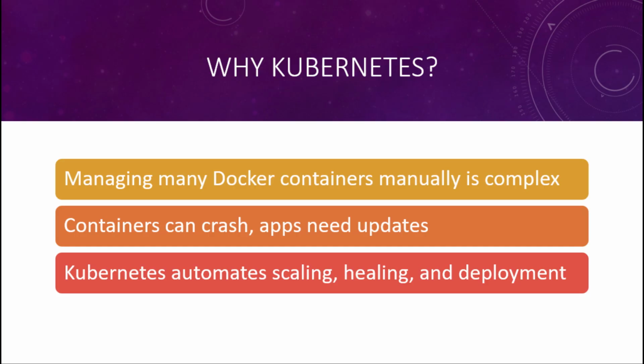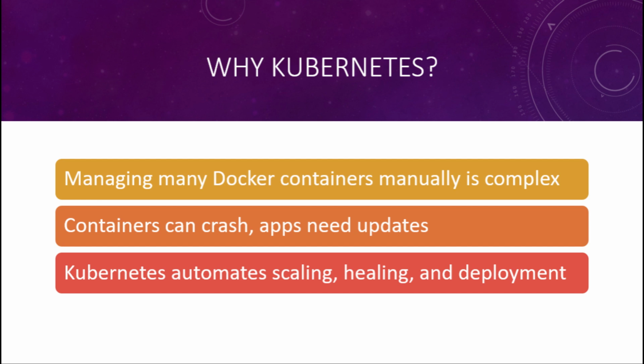Why Kubernetes? Let's start with a simple question. Why do we need Kubernetes at all? Imagine running an app with 20 microservices, each one in its own Docker container. Now imagine deploying it to production.